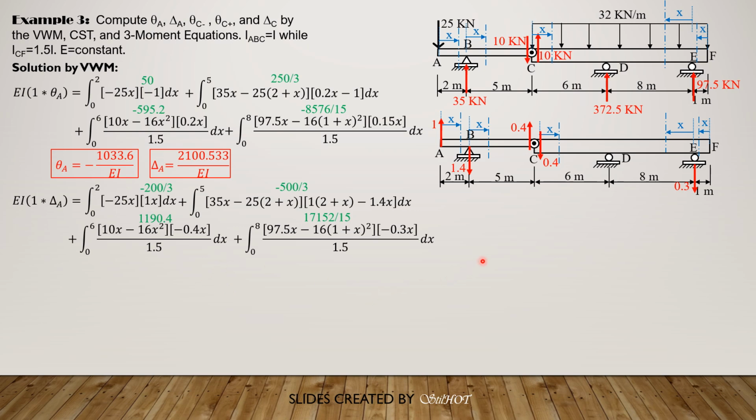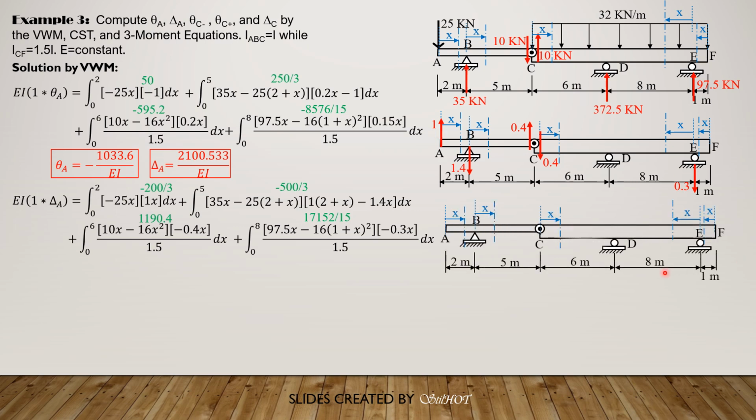Next, we remove these unit loads, or we draw another figure, then we apply a unit positive couple at C just to the left to determine theta C left. Then due to that reaction, considering ABC, summation of moment at C equals 0, so the reaction here should be upward.